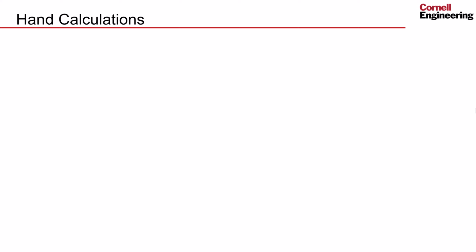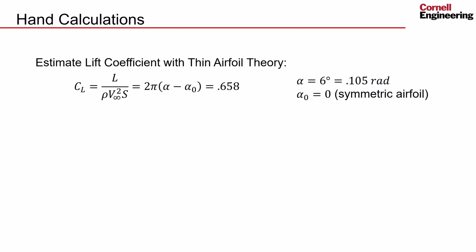Furthermore, we can perform hand calculations to estimate the lift and drag coefficients. We can calculate an expected lift coefficient using thin airfoil theory. While this theory assumes the airfoil has zero thickness and is infinitely long, it can be used as a first approximation to help validate our results. The lift coefficient is the lift force non-dimensionalized by the density, velocity, and planform area of the wing.